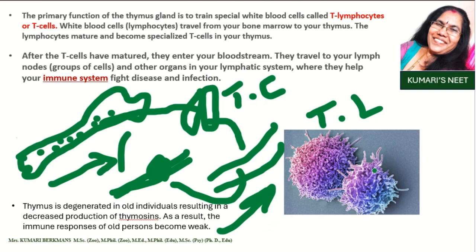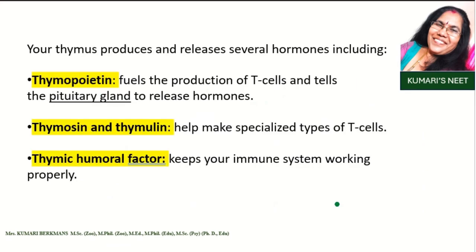And what you are seeing here, I told you, which one? T lymphocytes, okay, or T cells. And I told you some other hormones are also secreted by this thymus gland. What are they? We are going to see. The first one is thymopoietin. So what is thymopoietin? It fuels the production of T cells, and it tells the pituitary gland to release a hormone.